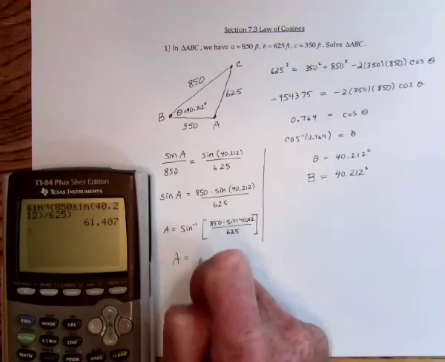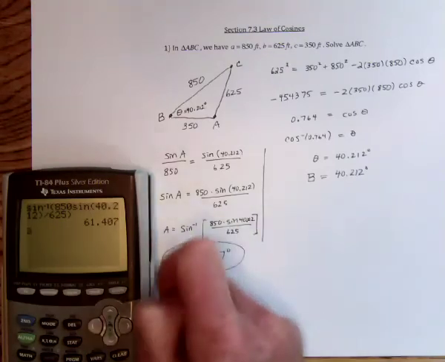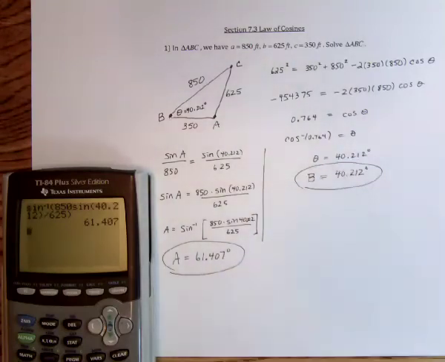So A is a 61.407 degrees. There's A, there's B.